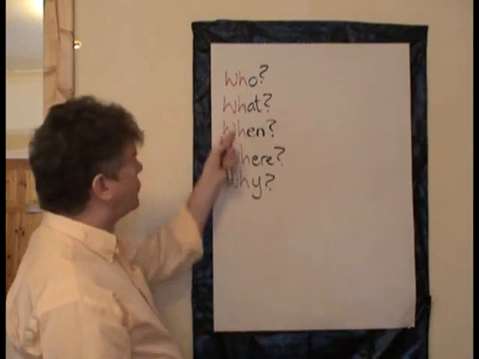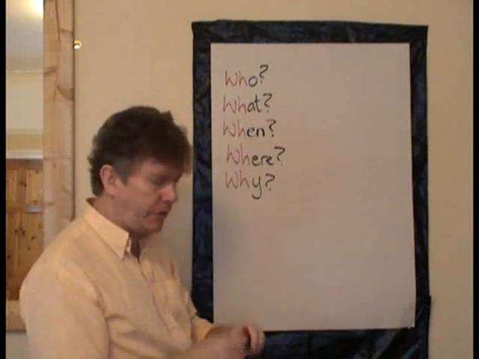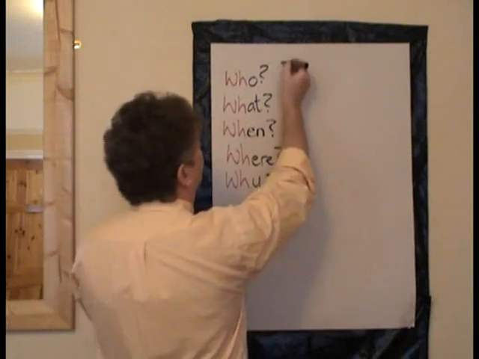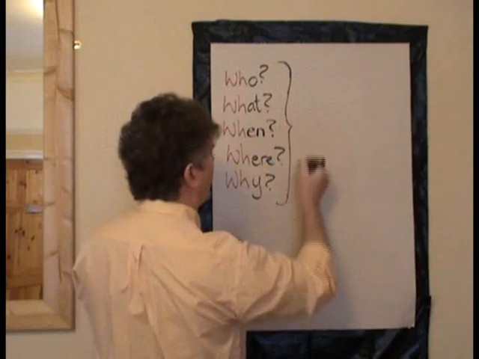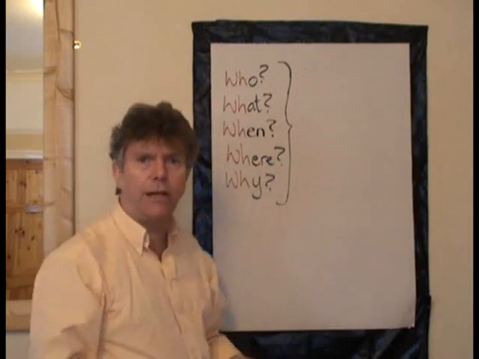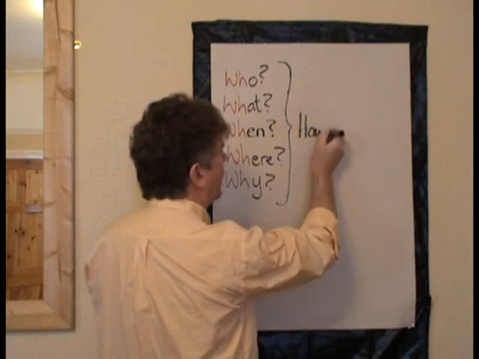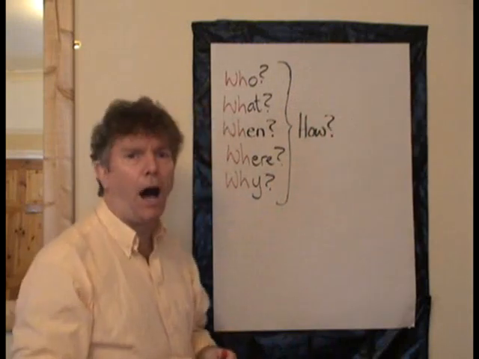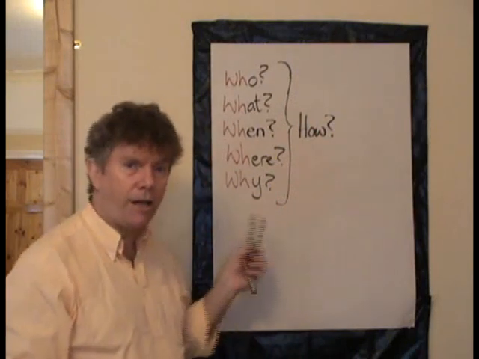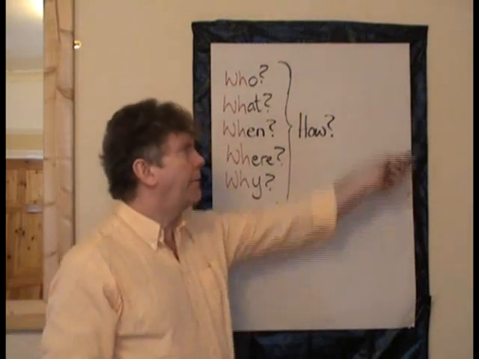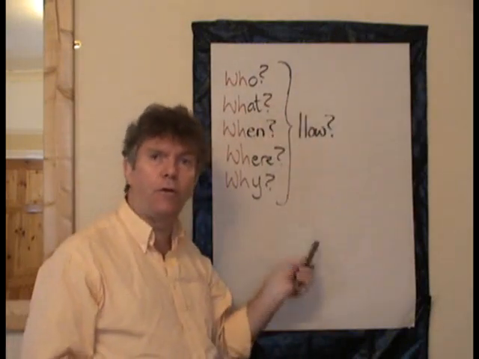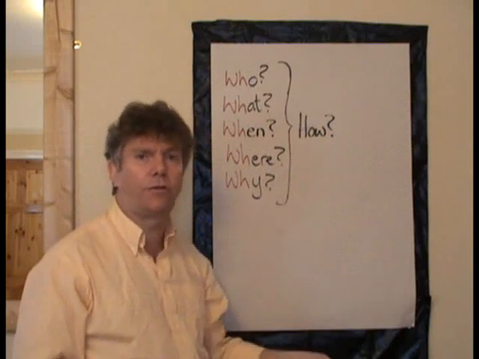And you introduce children to those 5 questions, and then, when they're older, when they're getting towards the end of Key Stage 1, you tell them that their job as an author is to tell people how. And this is the writing part. Again, if I can just emphasise that this is for you to understand the content of a story.